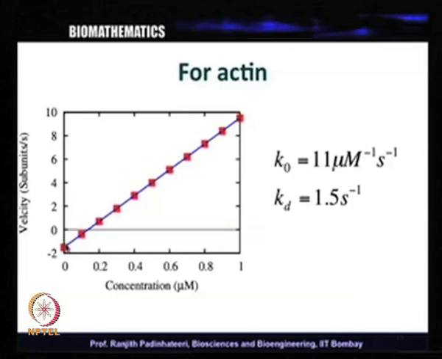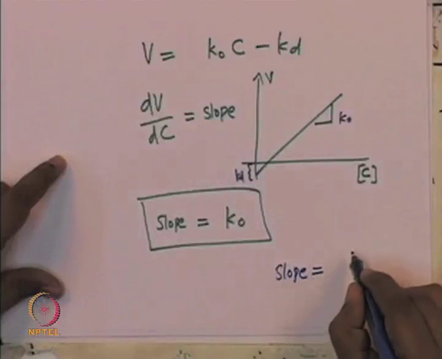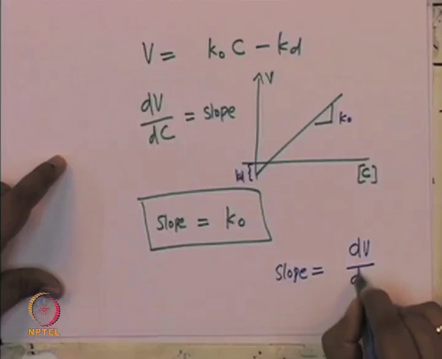So, from minus 1.5 to plus 9.5, this turns out to be about 11. You can see the slope is dV by dC.